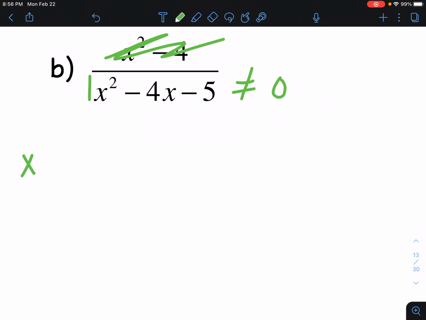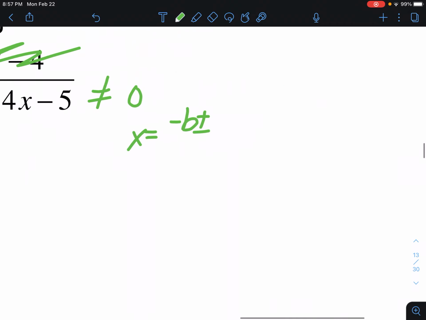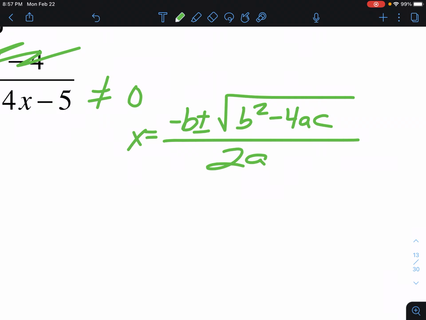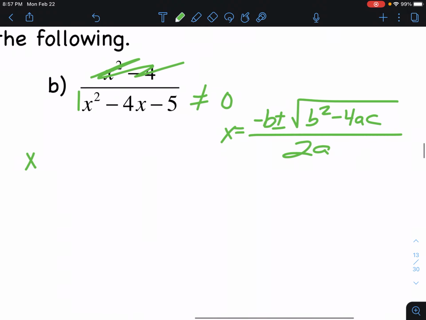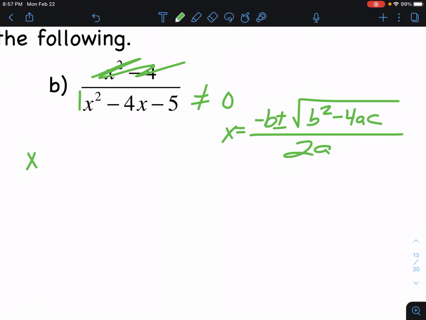So again, just writing down the quadratic formula here. This is what I'm going to be using. Hopefully you guys have that memorized at this point. So a is 1, b is -4, and c is -5.